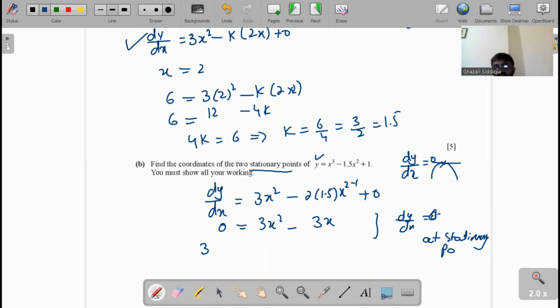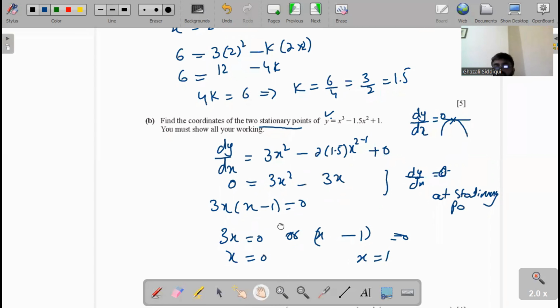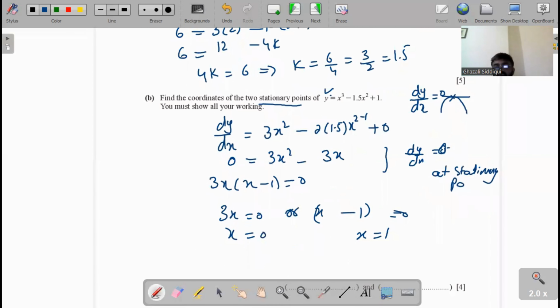If 3x is taken as common, then x minus 1 equal to 0, so either 3x equal to 0 or x minus 1 equal to 0. Therefore, the value of x is 0 and x equal to 1 at these 2 points, because the curve has stationary points. Now to find the value of y, we put x equal to 0 in this equation.